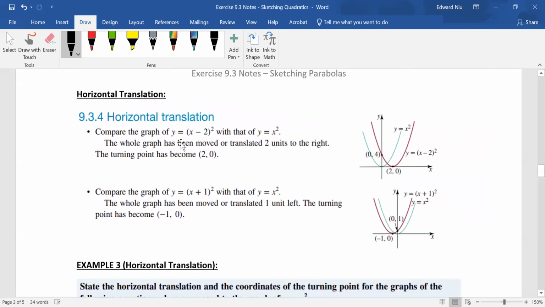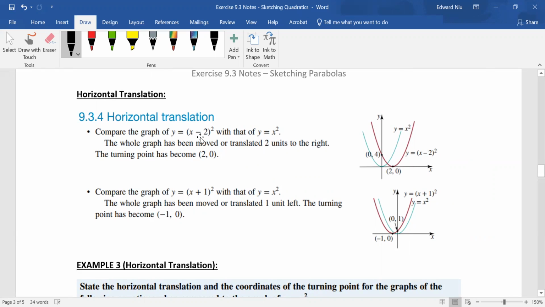If we take a look at the two examples, y equals brackets x take away 2 squared, compared to y equals x squared, this is going to shift the turning point, or the parabola, 2 units to the right. Vice versa, when we translate y equals x plus 1, because it's a plus, we move it to the left.